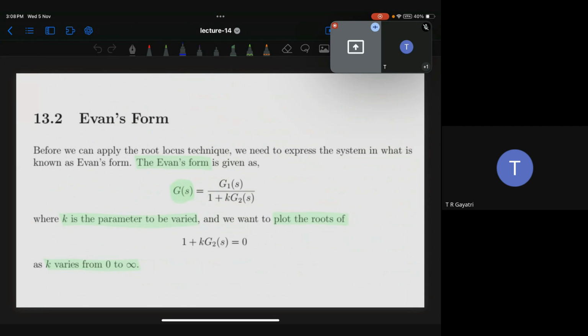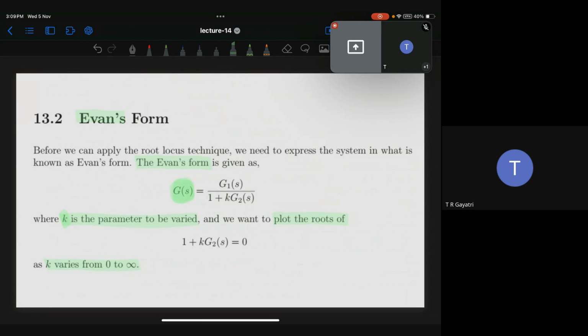The first step: Evans is the person who articulated this root locus technique. First we put the transfer function into the Evans form. We write it like this: g1(s) divided by 1 plus k g2(s), where k is the parameter which we want to vary.